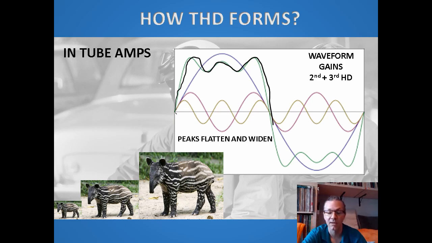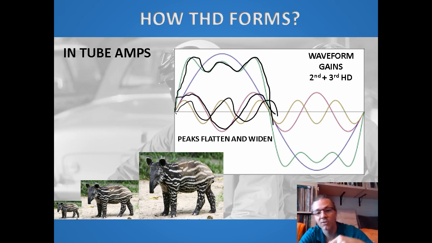Those rippling things are the harmonic distortions. So you see these down here and the other one, these are extra higher harmonics, like third harmonic distortion, second harmonic distortion.